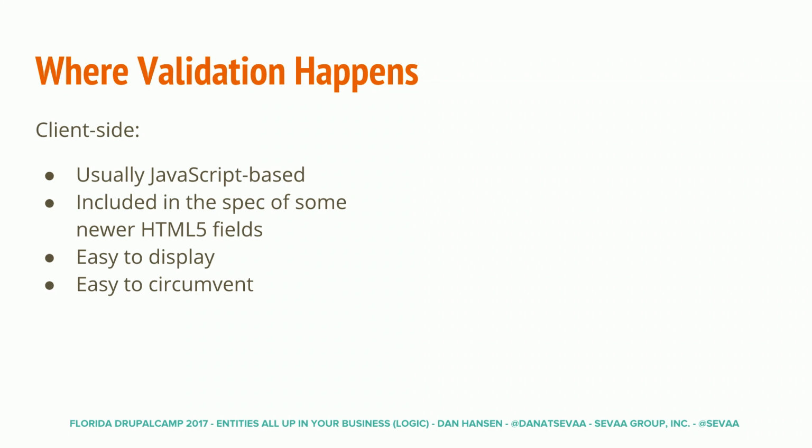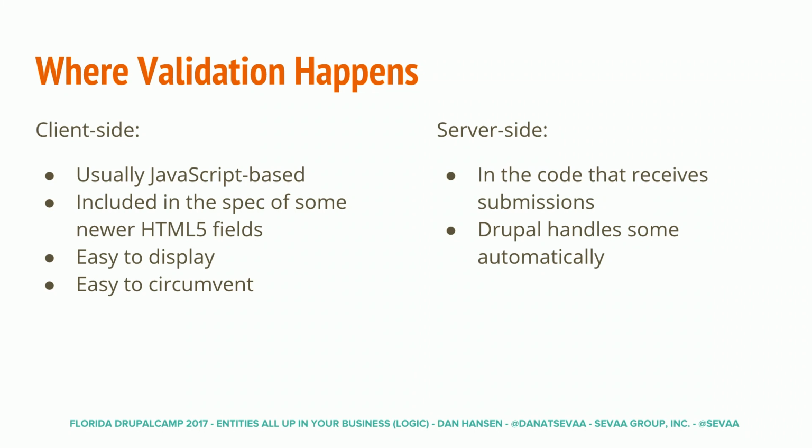So we're not really going to talk about client side in this because it's not really where we're targeting. We're targeting server side. It's in the code that receives the submissions. It takes care of everything that comes into the actual Drupal environment. Drupal handles some requirements automatically, like IDs being unique and some of the form field settings that you could set, like making this required or doing a min-max on a numeric field, things like that.